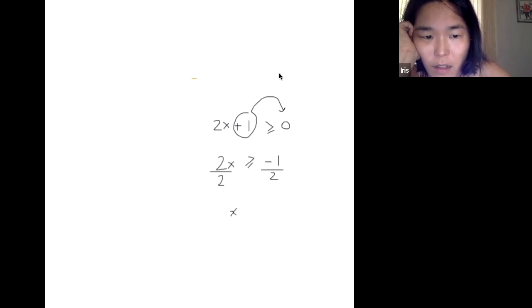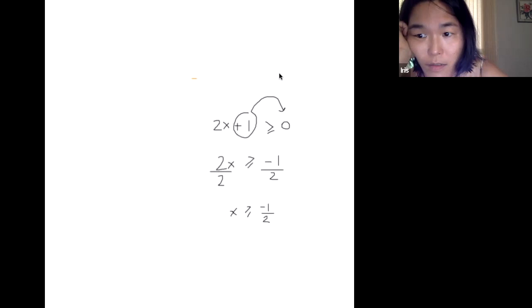So I have 2x on this side, so I'm going to move this guy over here. Whenever he moves sides, he changes sign. And this guy is multiplying, so I'm going to divide everybody by 2 here. So then it becomes x greater or equal to -1 divided by 2, like that.